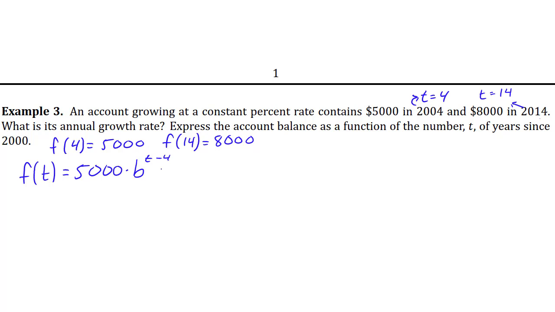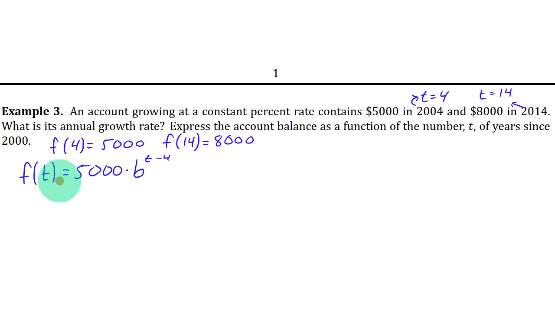And if you want to check that this works, if you plug in t equals 4 here, the exponent is going to become 0. So you'll get b to the power 0 there, which is 1. So that makes the result just 5,000 times 1, which is just 5,000. So that works.